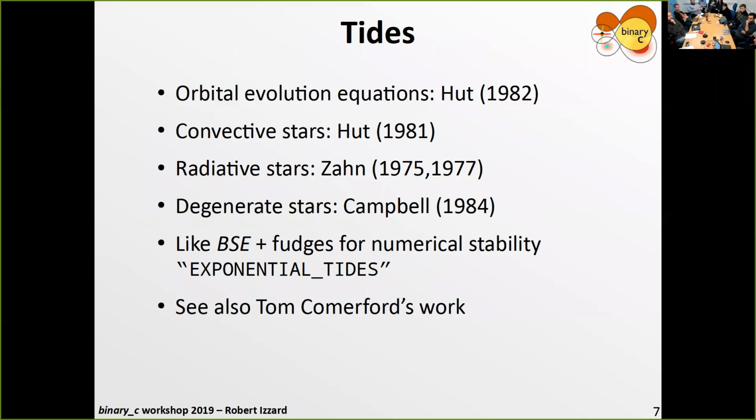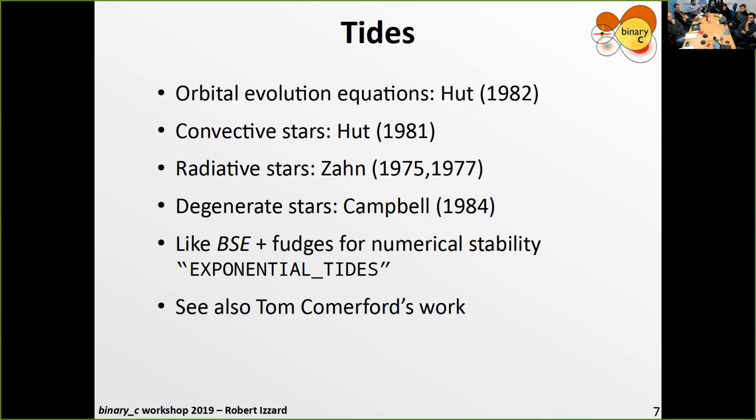So in terms of tides, what do we have in there? Well, the physics was pretty much all done by Peter Hut in 1982. He wrote a wonderful paper on this. We have prescriptions for convective stars, radiative stars, and degenerate stars, mostly based on the timescales from Zahn. But if you look at the orbital evolution equations, the timescales themselves don't really matter too much.